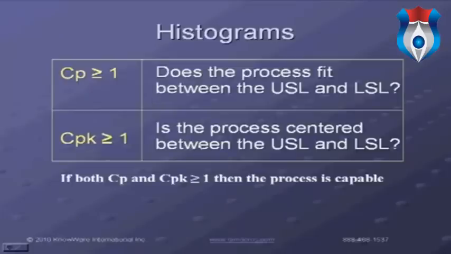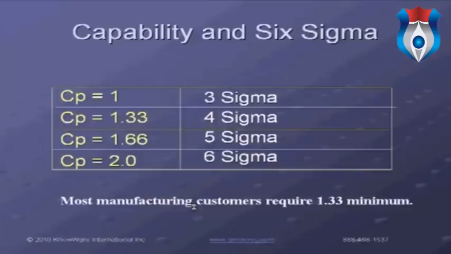CPK is really a measure of how centered the process is, because your customer probably wants you to be on the target line in between the spec limits, not skewed off to one side or the other. So what we want to do is find a way to adjust our process so that we increase CPK.